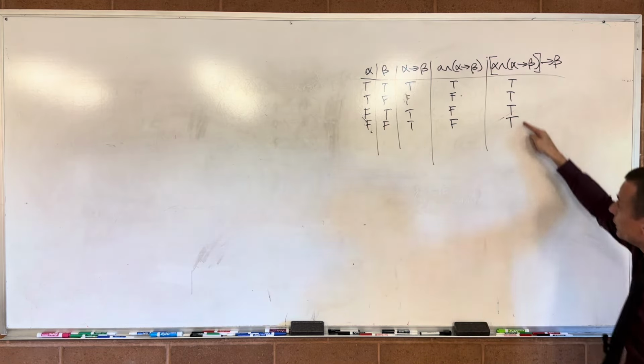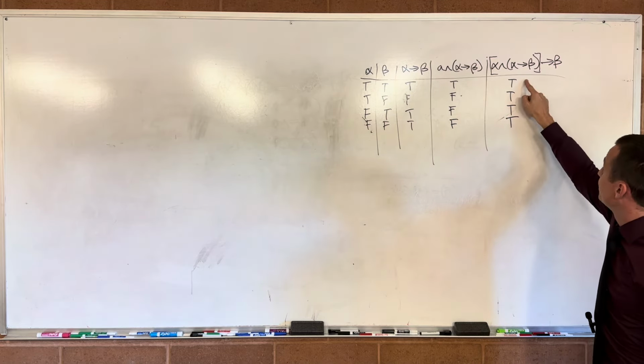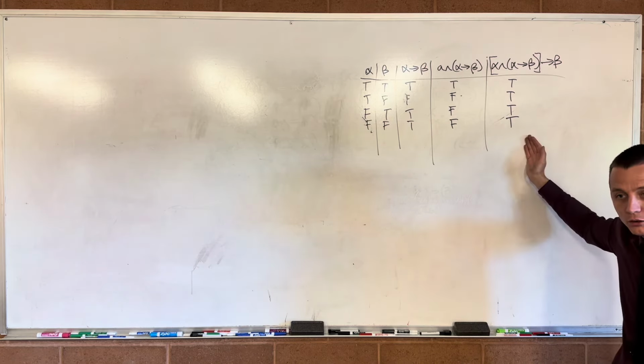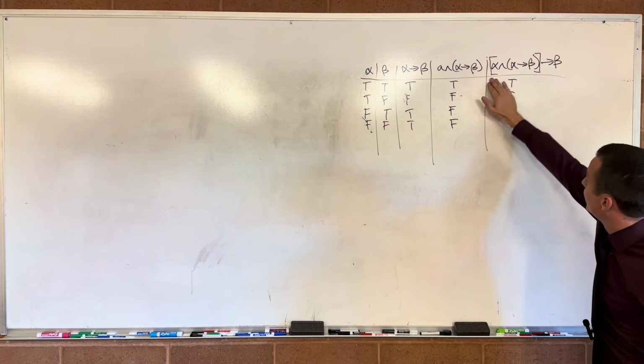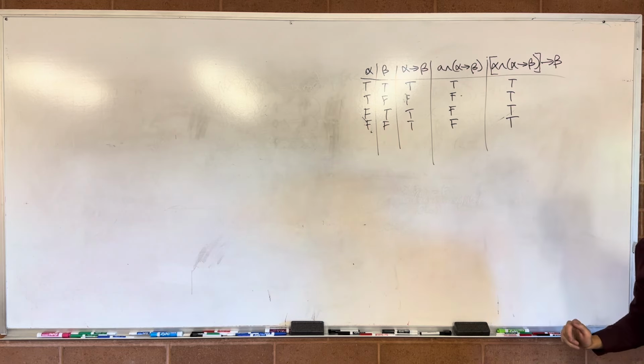False implies false is? True. Notice that this is always true. It is always the case that if you know alpha, and you know alpha implies beta, then you know beta. That is always the case. And so this is the outline of what you do in a theorem. You take your alpha, and if you show that alpha implies beta, then you know the beta.